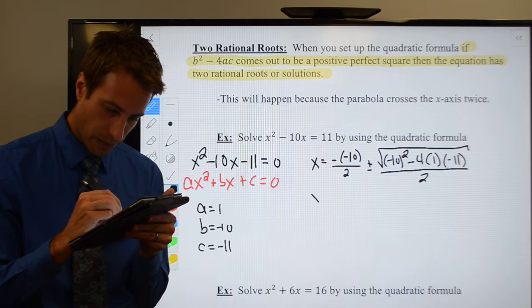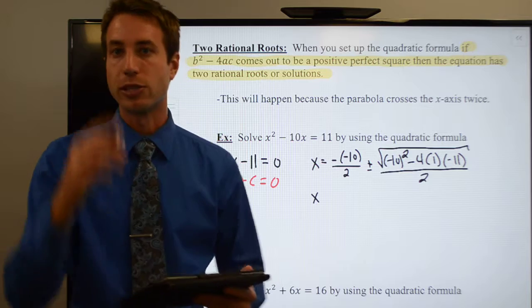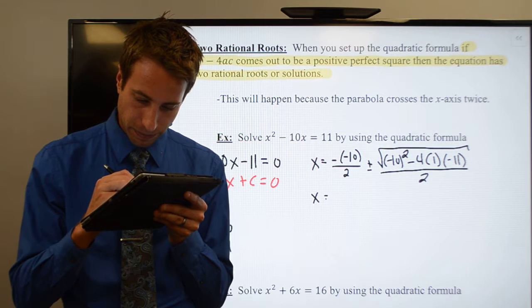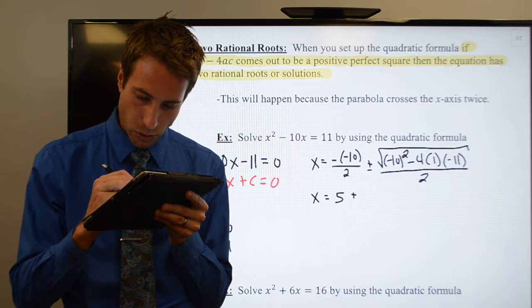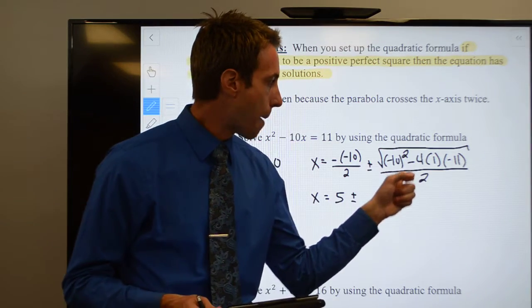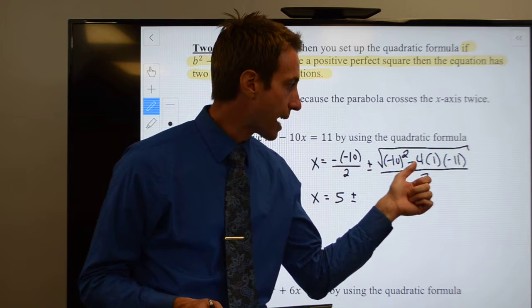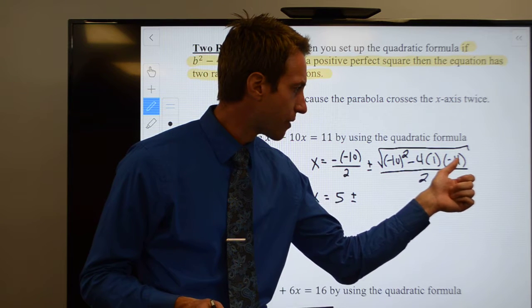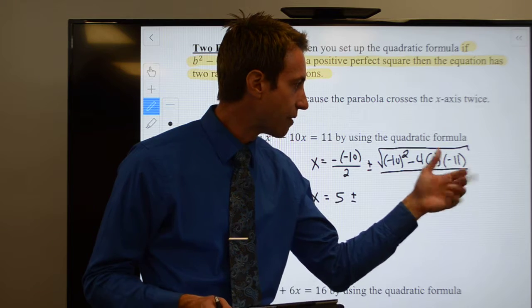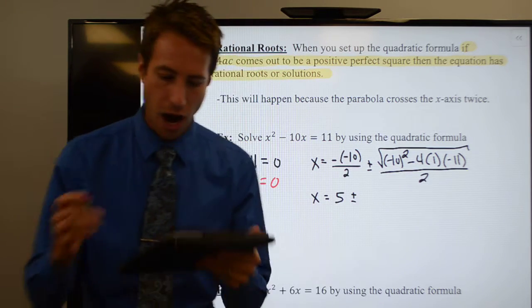All right, let's see what happens. Negative times negative is going to be a positive, and 10 divided by 2 would be 5, plus or minus. Okay, so then I wind up with 10 squared is 100. 100 minus 4 times a negative 11 would be negative 44, but a negative of a negative would be a positive 44, so you wind up with 144.